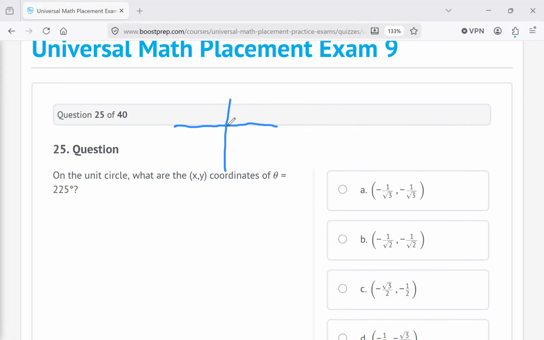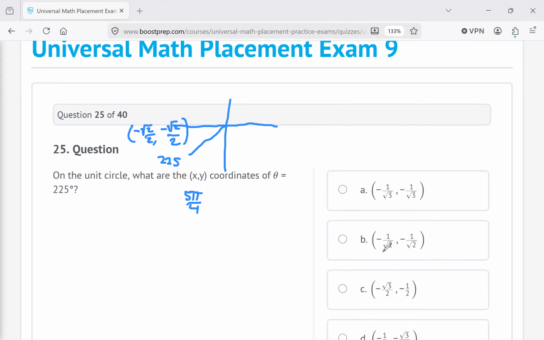Yeah, 225 is right here. It's also 5 pi over 4, right? And that has an x coordinate of negative radical 2 over 2 and a y coordinate of negative radical 2 over 2, right? So it looks like it's B.